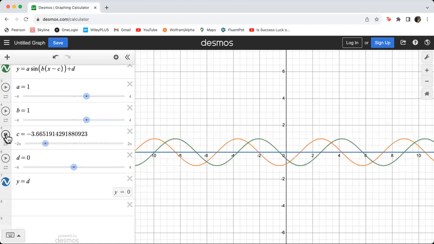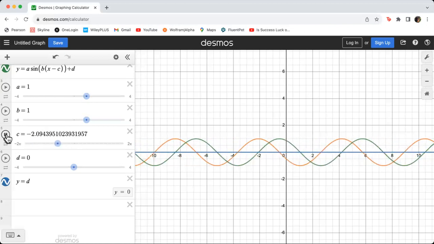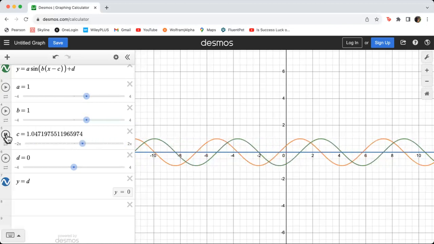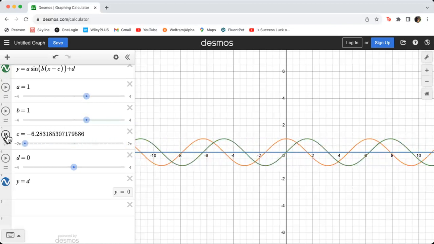Is the amplitude changing? No, that's A's job. Is the middle changing? No, that's D's job. Is the period changing? Let's pause and find out.